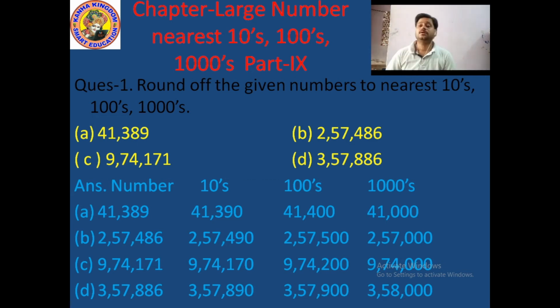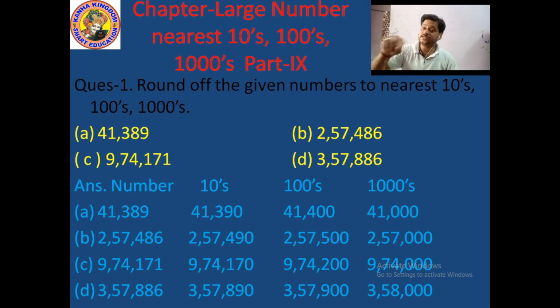If the ones digit is less than 5, you just convert the ones digit into 0, and the rest of the digits, nothing you have to change, you just write all the numbers the same.